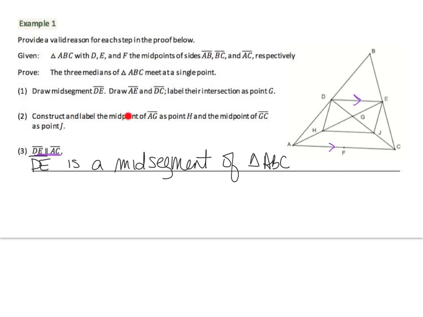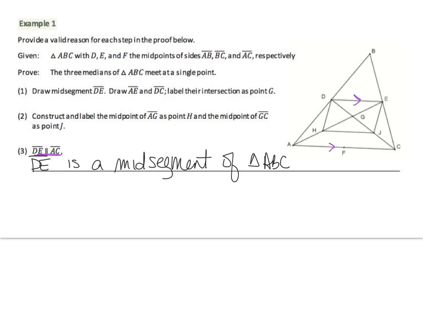Construct and label the midpoint of AG as point H and the midpoint of GC as point J. There's the midpoint of AG and the midpoint of GC right there. So that's the middle of this segment and the middle of this segment.